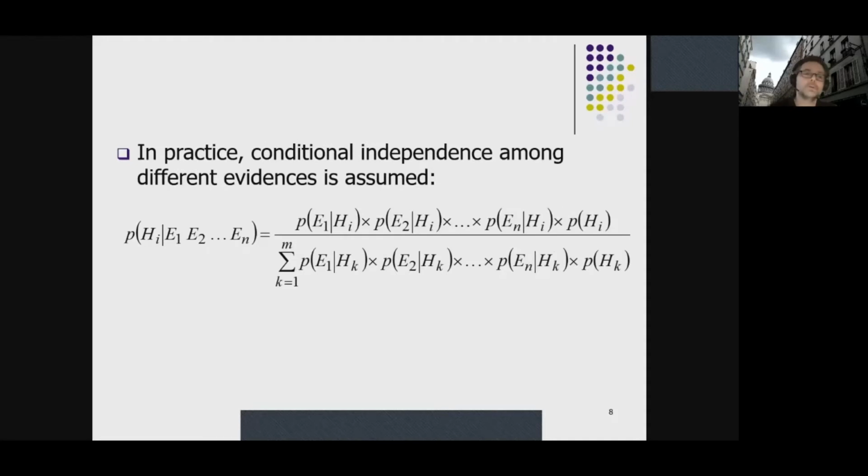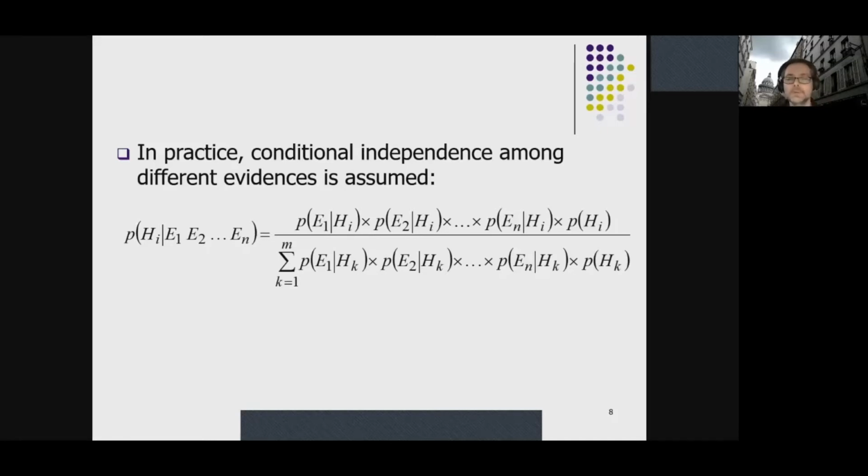And one of the most normal assumptions that people make in several applications is to assume that there is conditional independence among the different events. And this is important because it simplifies the process a lot. So the formula is, as you can see in this slide, slightly different. It's the probability of any hypothesis H, and I have here Hi. i can take different forms, H1, H2, H3.